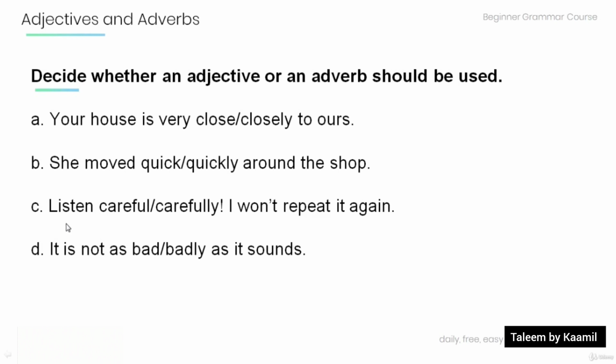C. Listen careful or carefully. I won't repeat it again. D. It is not as bad or badly as it sounds.